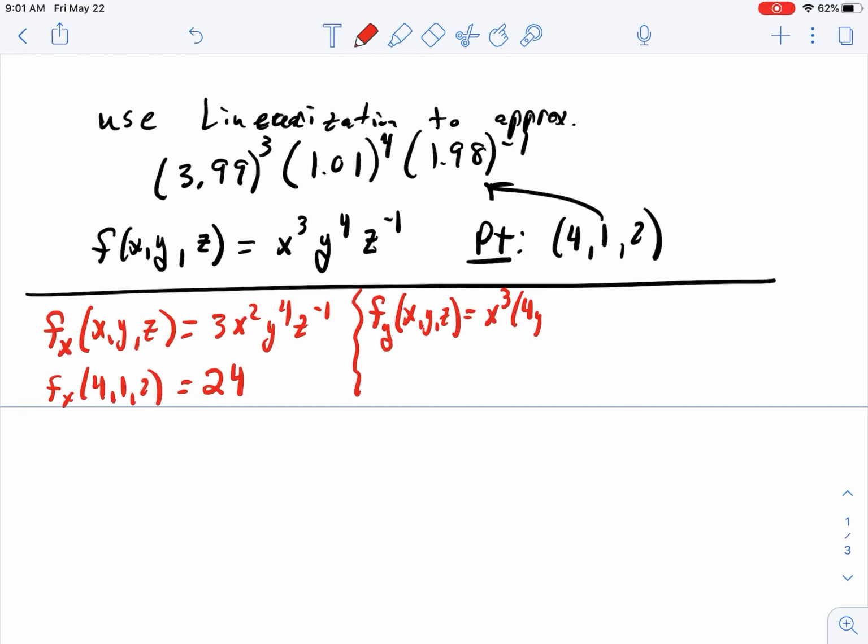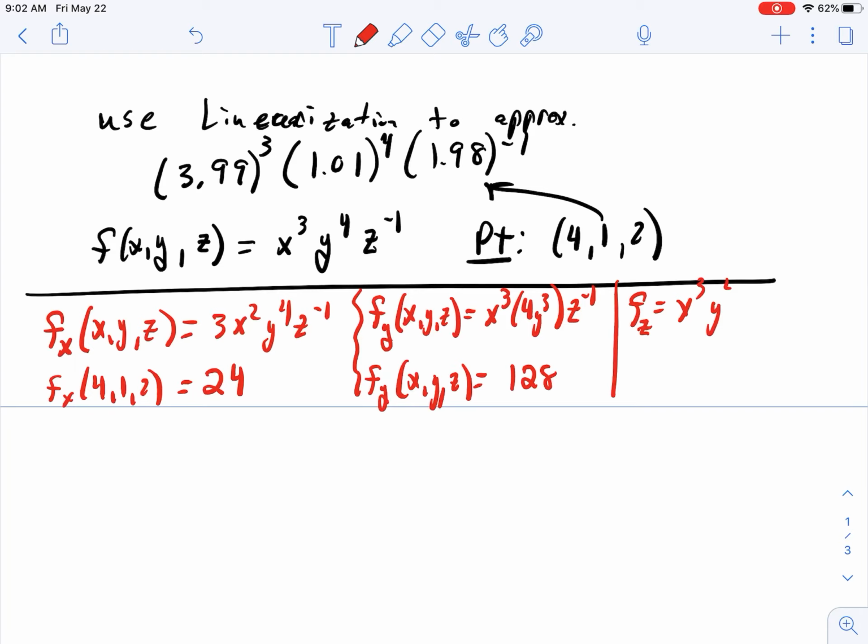So that would be x cubed. Now that would be 4y cubed, z to negative 1. And the partial of y of x, y, z, that would be 128. And partial of z, kind of out of room here, so I'm going to keep it short.